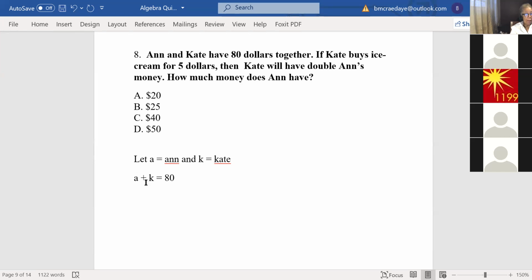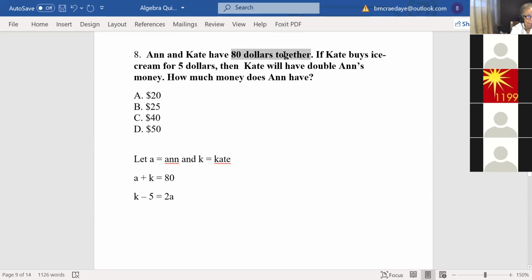So A plus K is 80, and Kate spent $5, right? And when she spent the $5, she had double Ann's money. So K spent $5, that's a subtraction. So K minus 5 is equal to 2 times A. Okay, so now you're translating the words to the math.